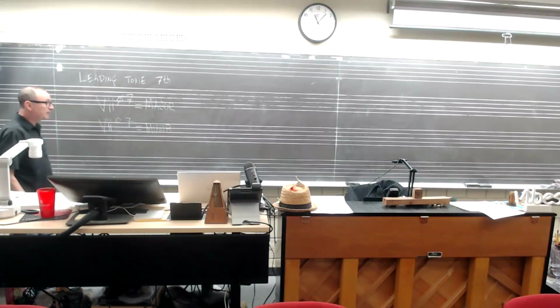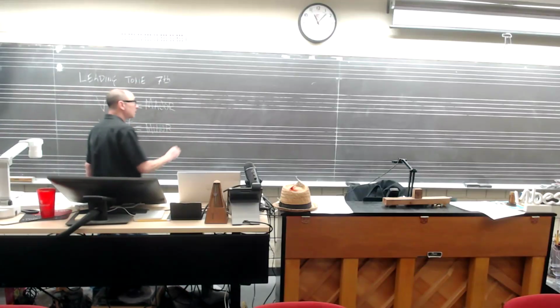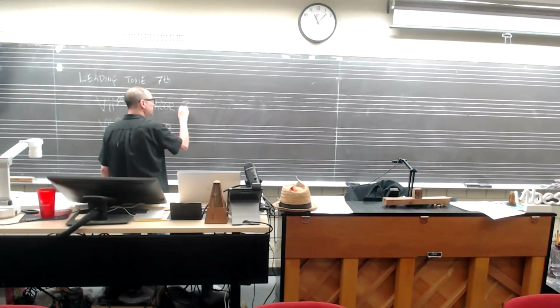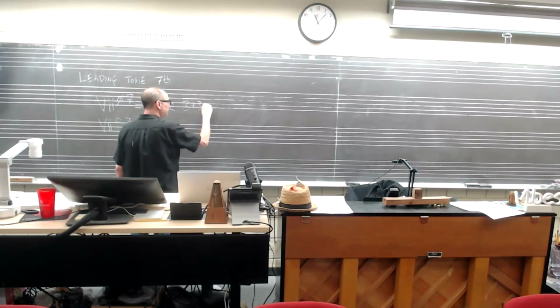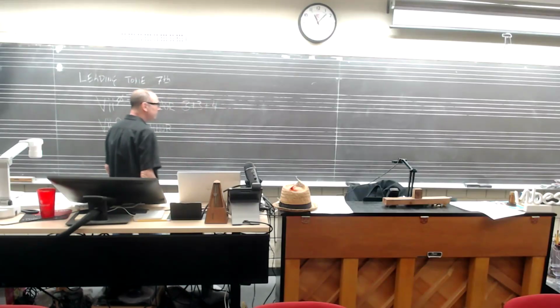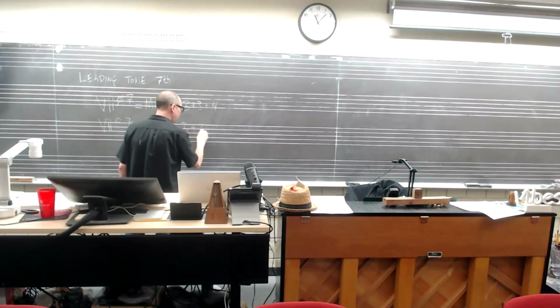The difference between the two: minor third plus minor third plus major third gives you half diminished. And then for full, it's going to be all minor thirds.